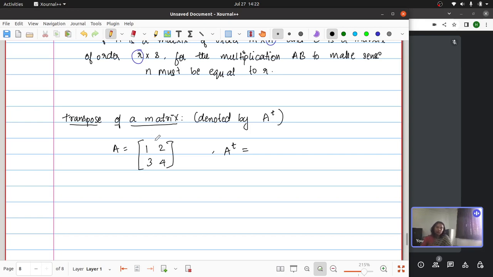So, the first row becomes the first column. So, we have the first row here is 1, 2, that becomes the first column. Second row becomes the second column, and so on. So, we will look at a couple of more examples.